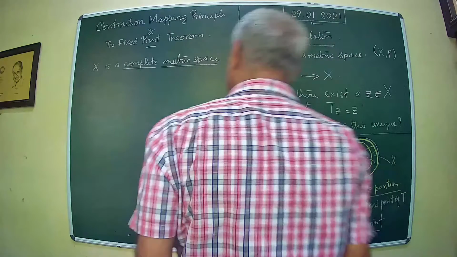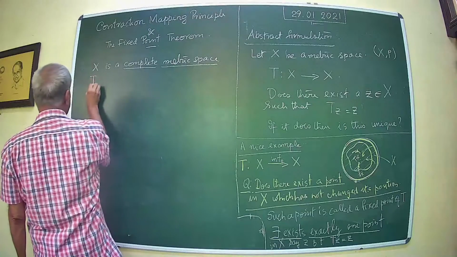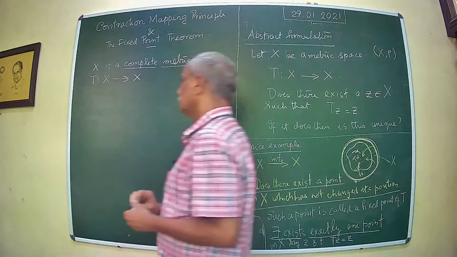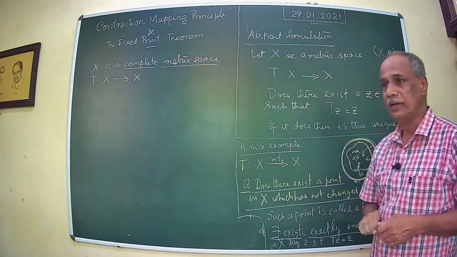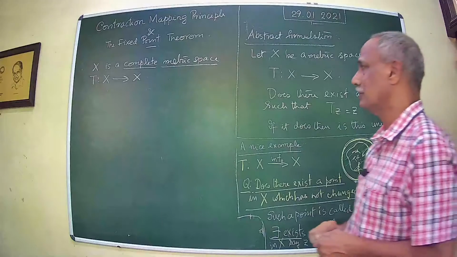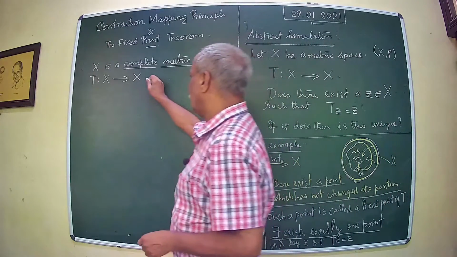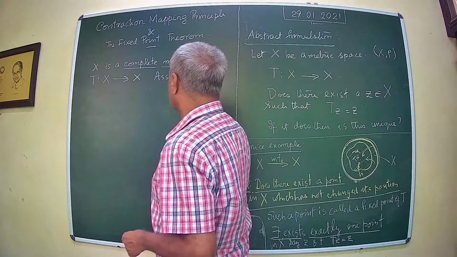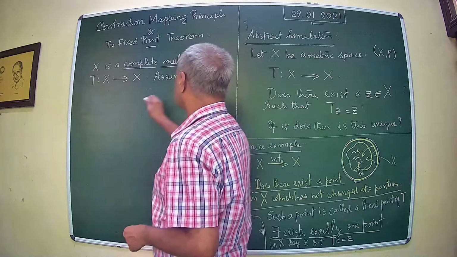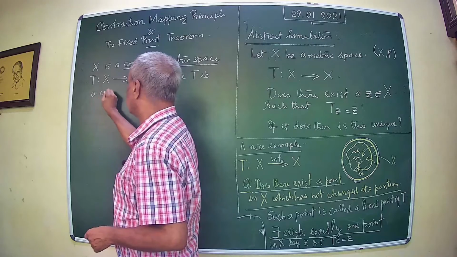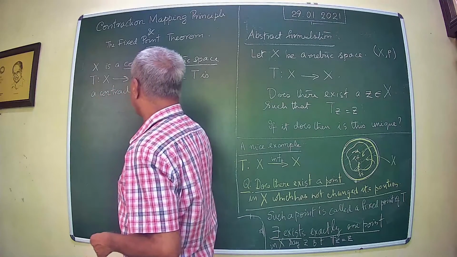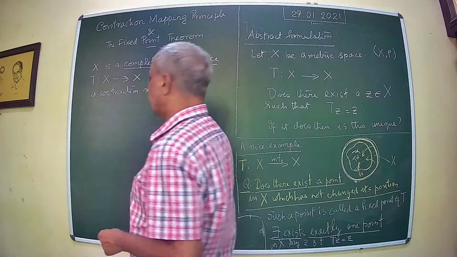Secondly, T is a map from X into X. Assume T is a contraction. What do you mean by that?